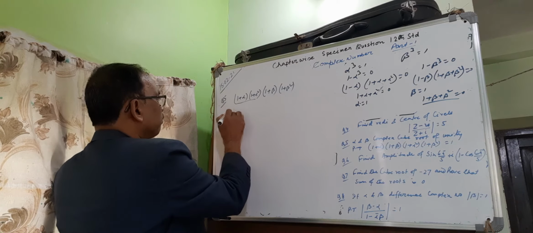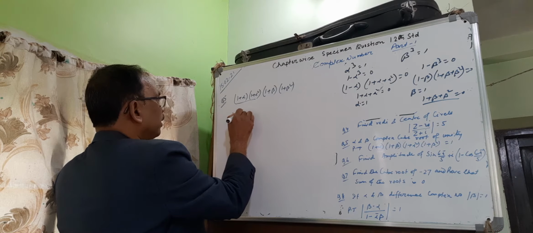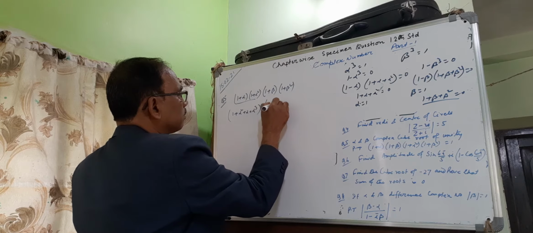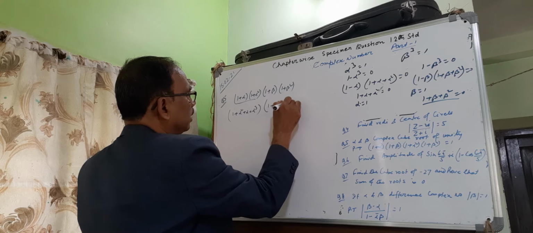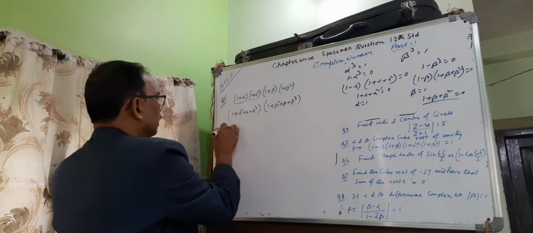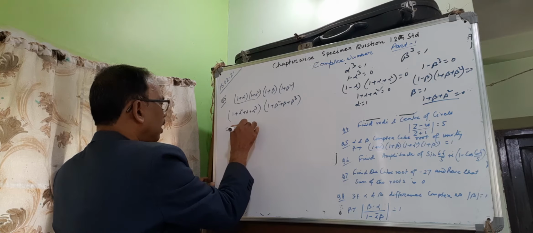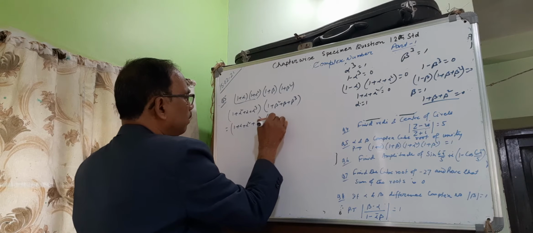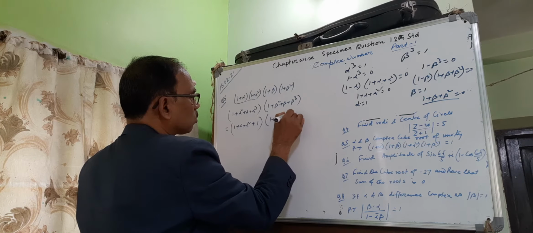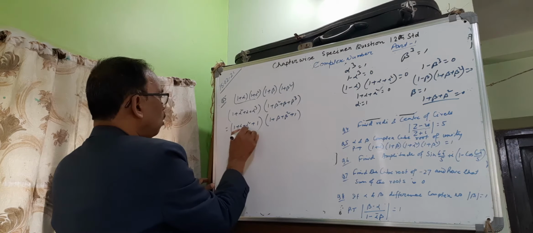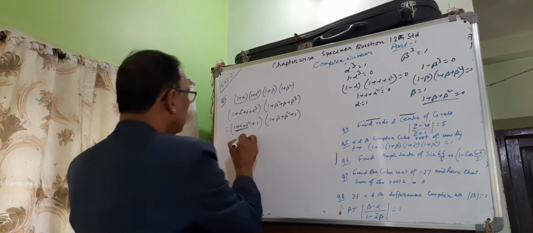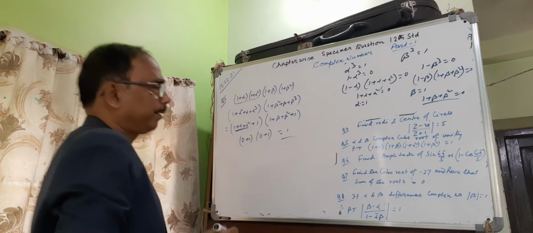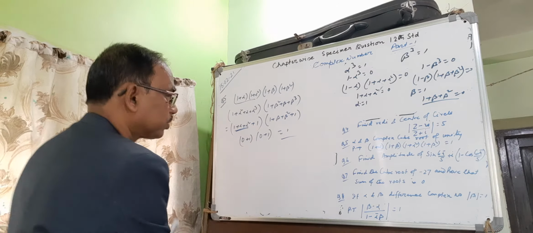Now multiply this: (1 plus alpha square plus alpha cube) and (1 plus beta square plus beta cube) equals (1 plus alpha square plus 1)... alpha cube value is 1, and beta cube value is 1. The value of 1 plus alpha plus alpha square is 0. That is 0 plus 1 into 0 plus 1, the value is 1. Okay.